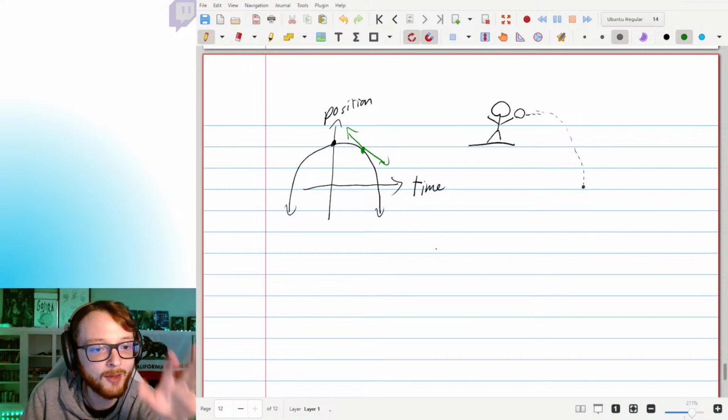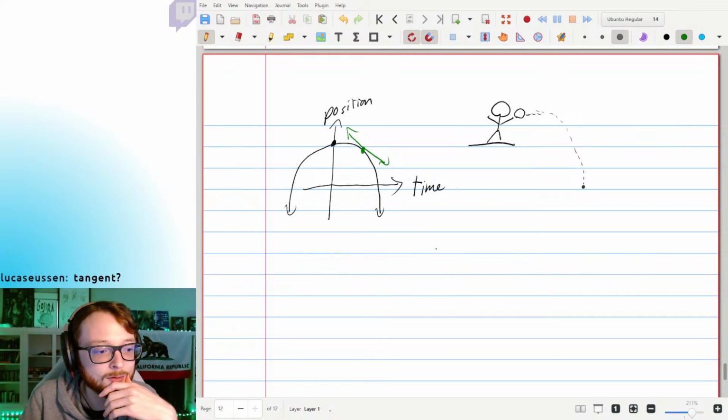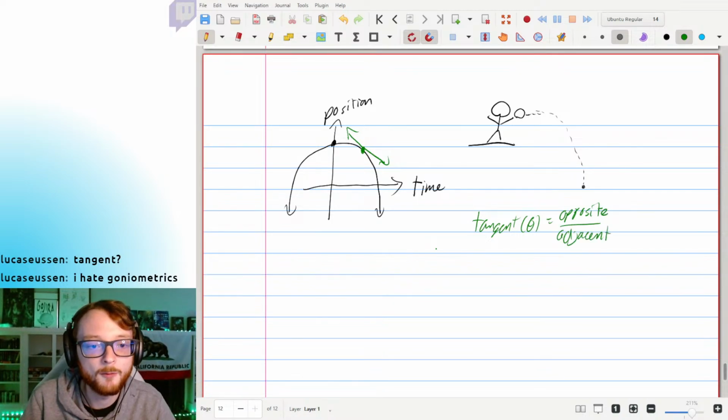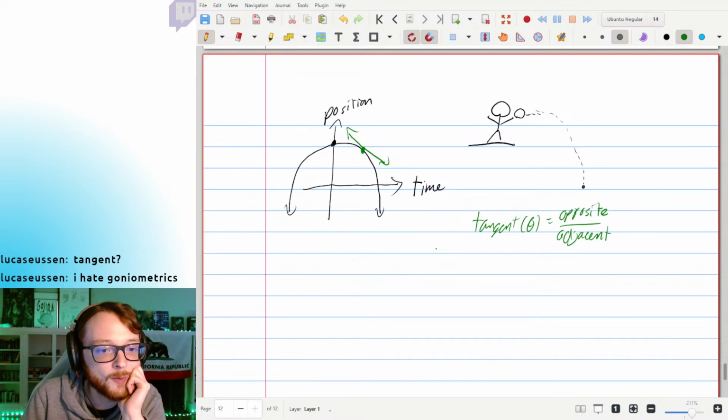In this case, maybe it's related, but don't think of tangent as in trig functions. I'm not talking about the tangent of an angle equals opposite over adjacent. This is a different meaning of tangent. By tangent here, I just mean they intersect at one point, like a tangent line.